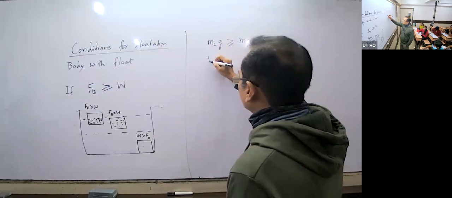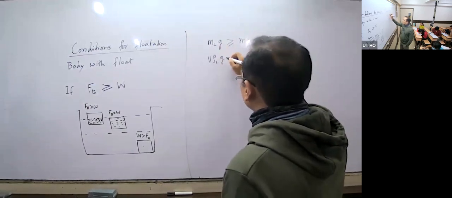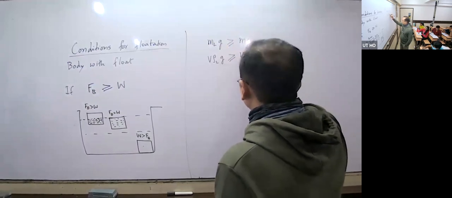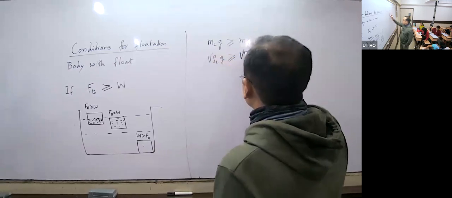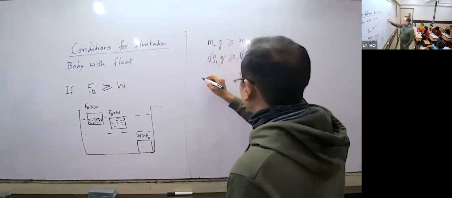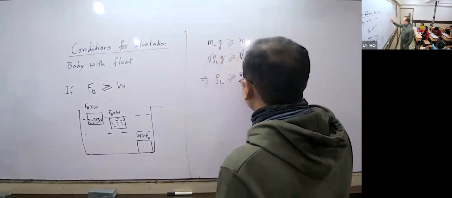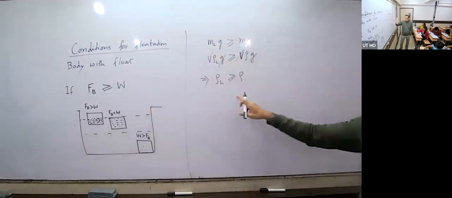Volume of liquid replaced into density of liquid is greater than or equal to volume of body, same body, into density of body. So you can cancel the g. This gives us that density of liquid is greater than or equal to density of the body for it to float. So both mean one and the same thing.